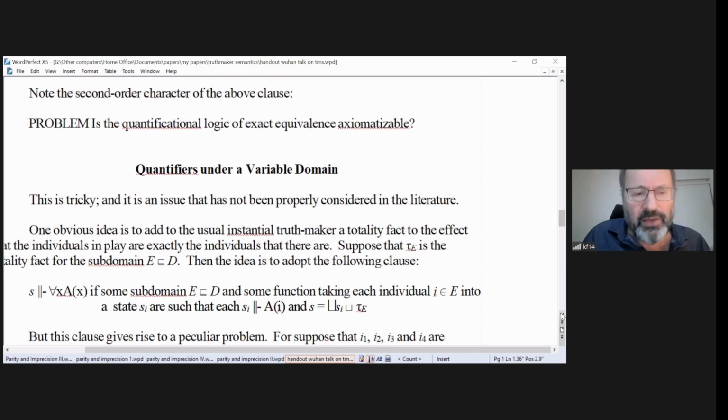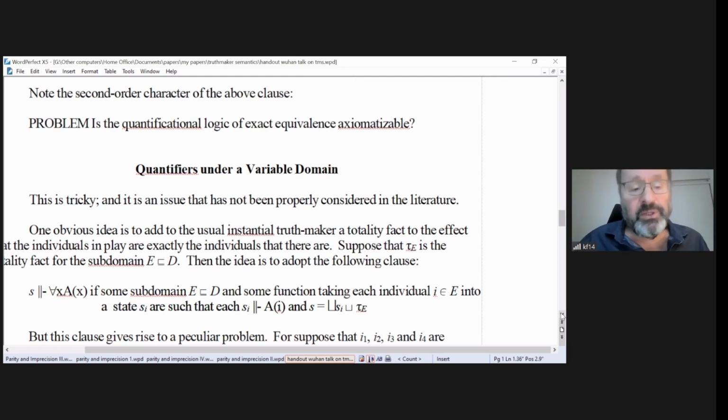So a state S will be a truth maker for "for all x, A(x)". There's this overall domain D, all of the individuals that we might possibly be talking about. And now we take some subdomain E. These are the individuals that we take ourselves to be talking about.